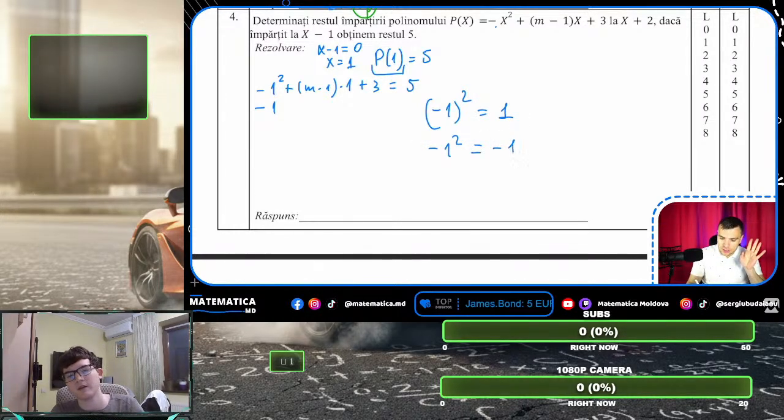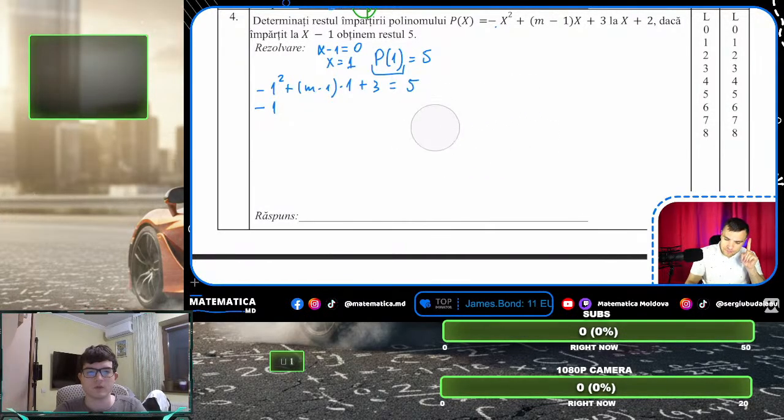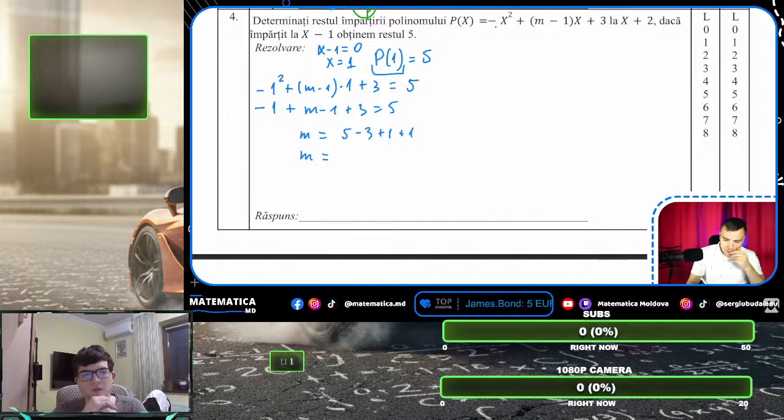We're just explaining that if it's all in parentheses with a sign, it's 1. If it's not, it just stays the same. That's how parentheses work right there. So we deleted that, and it moves on like this. Equal to 5. M is 5 minus 3 plus.